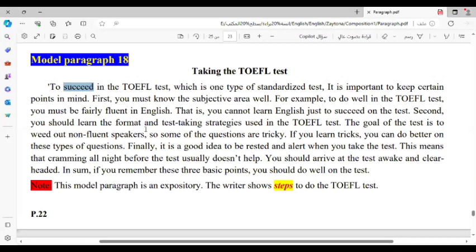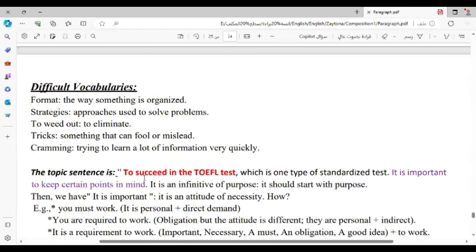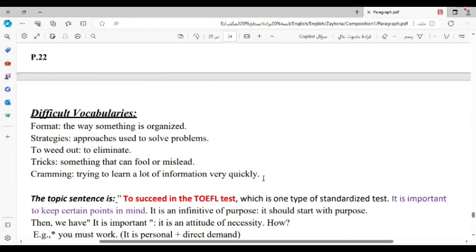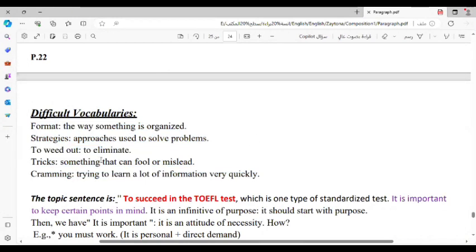Second, you should learn the format, like the form of the questions, okay? And test-taking strategies used in the TOEFL test. The goal of the test is to weed out. What's the meaning of weed out? You will see here, by the way, some difficult vocabularies. Okay, weed out is to eliminate.